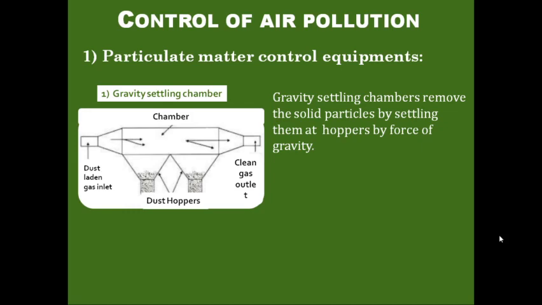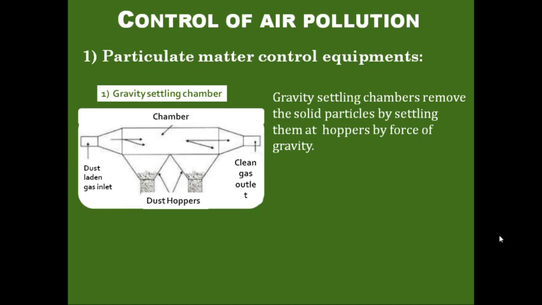The polluted air is allowed to stay inside this chamber for some time, and during this period the large size particles can settle down by force of gravity, and they may fall in the openings of the dust hoppers. When the dust particles have settled down, the clean air is taken out by opening the outlet point.